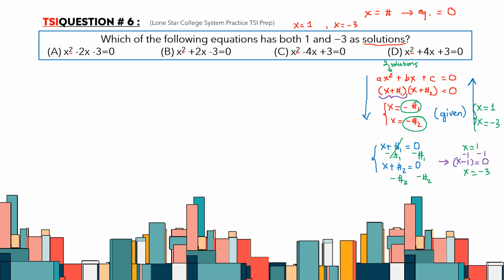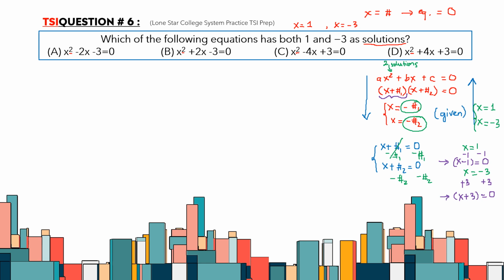Alright, now for the second one, we have -3, so to get 0 on the right hand side, I have to add 3. If I add 3 to one side, I have to add it to the other side as well. So I have the second factor, x plus 3.